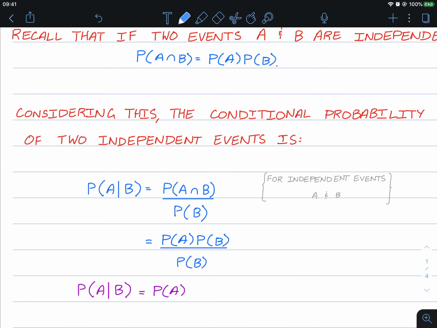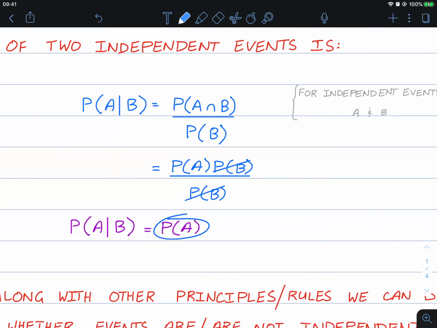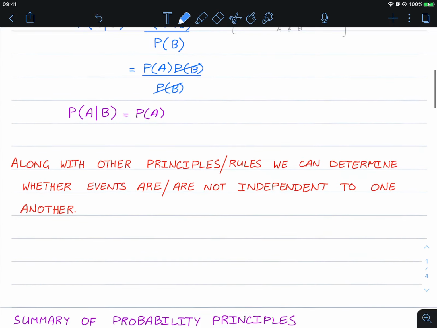This is only true for independent events. Now, with just some algebra, the probability of B is multiplying and then being divided, so we can cross off those, leaving us with just the probability of A. So this is only true for independent events.